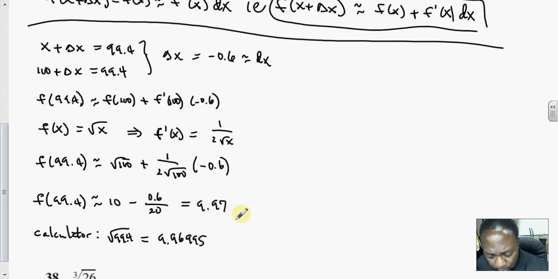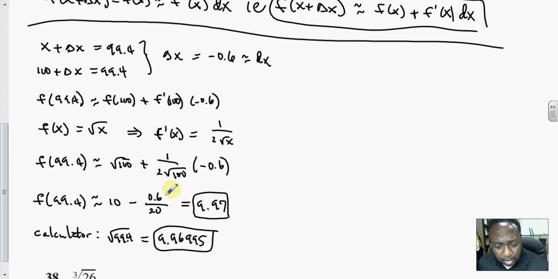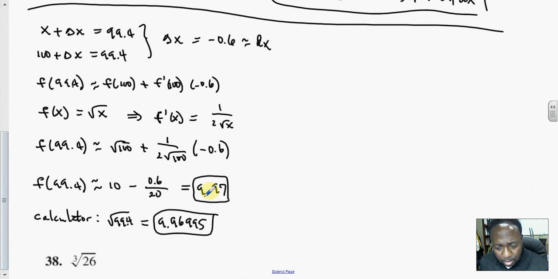That's a pretty close approximation: the calculator being spot on, and then our approximation using the tangent line, and you get something very close.